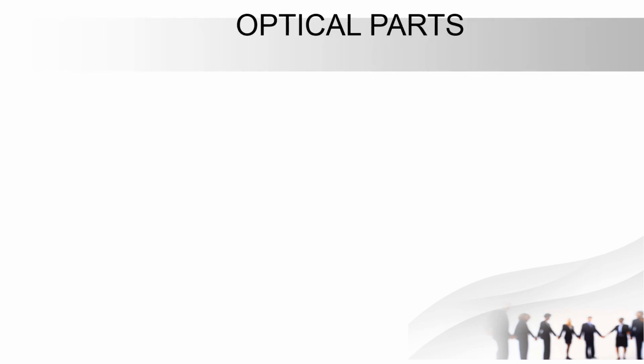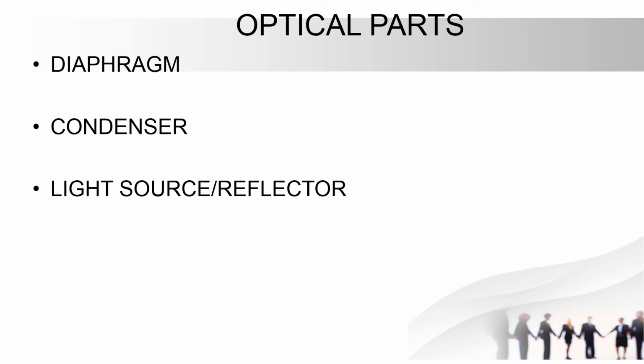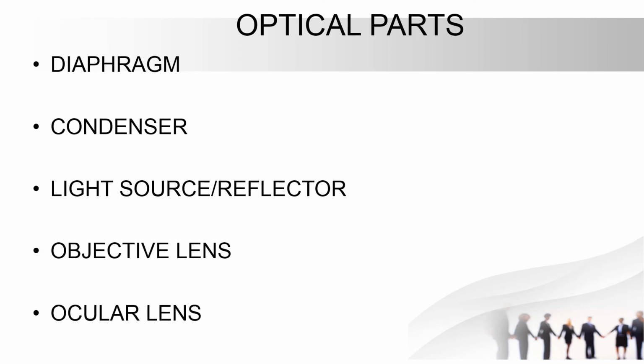Now let's look at the optical part. The optical part includes the diaphragm, the condenser, the light source, the objective lens, and then the ocular lens.